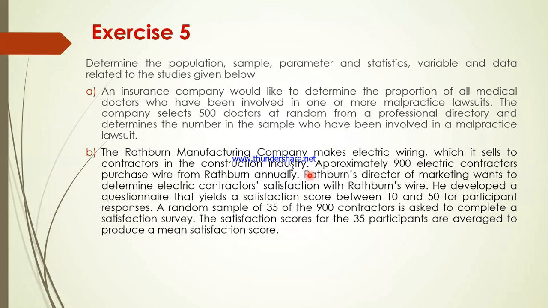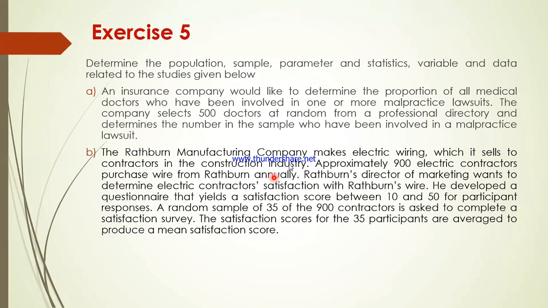So for the sample, 35 electric contractors randomly selected from the 900 electric contractors who purchase wire from Rathburn annually. If you write in such a manner, then only you can get the marks. Otherwise, you will not get the marks. Because population, sample, parameter, and statistic are the basic things.